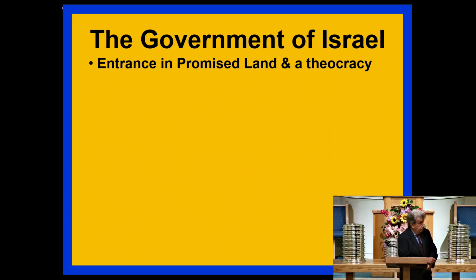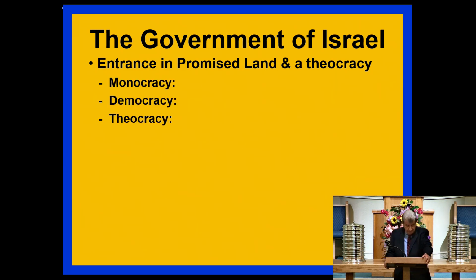Let me put 3 words on the screen. If you can define these 3 words, monocracy, democracy, and theocracy, it may help you understand and have a better view of the Old Testament and how it functioned.